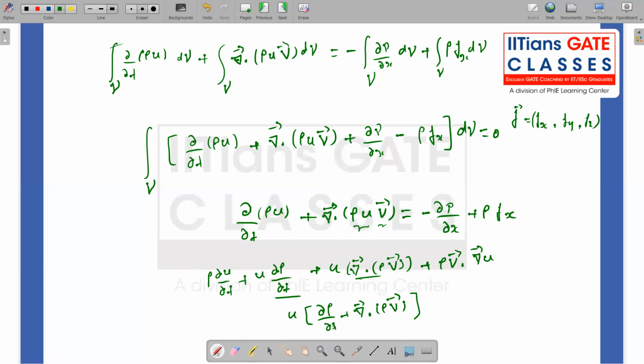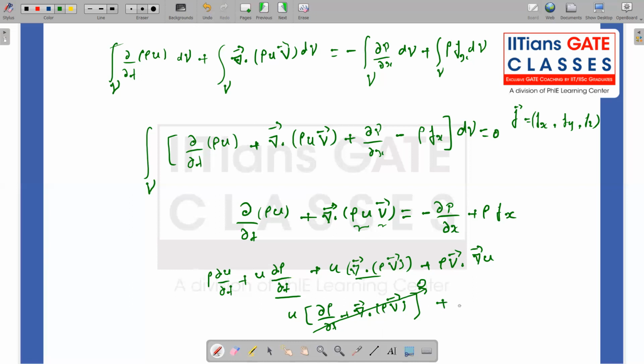From the continuity equation, we saw that dou rho by dou t plus the divergence of density times velocity vector is going to be 0. So this entire term, I can treat to be 0 because the continuity equation says this is conserved.